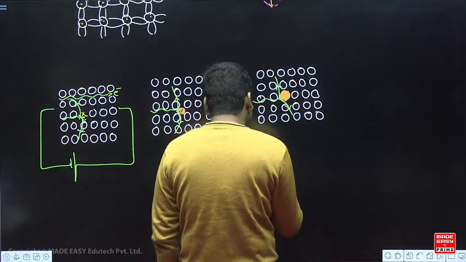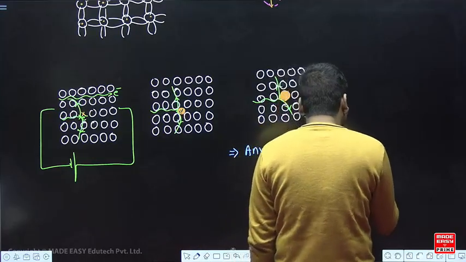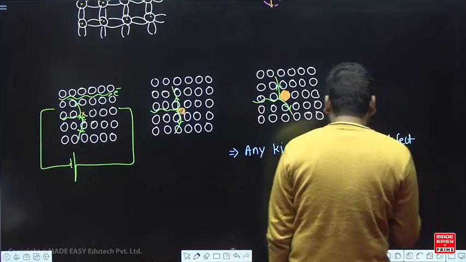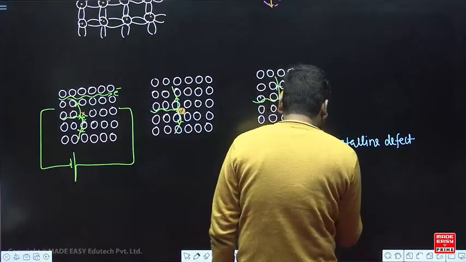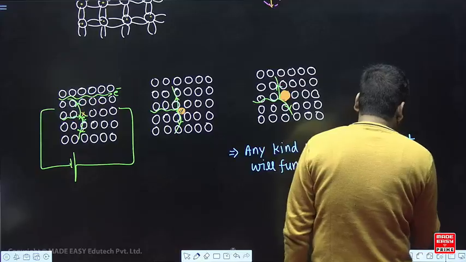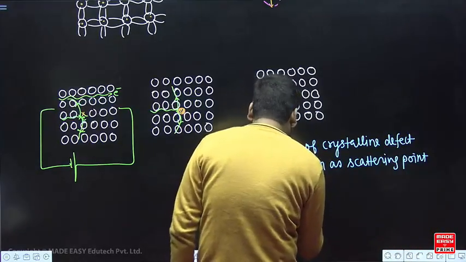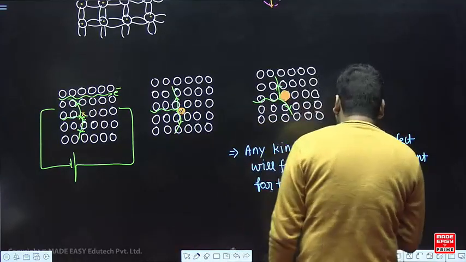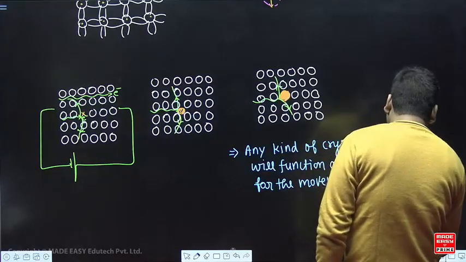So any kind of crystalline defect will function as a scattering point for the movement of electrons.